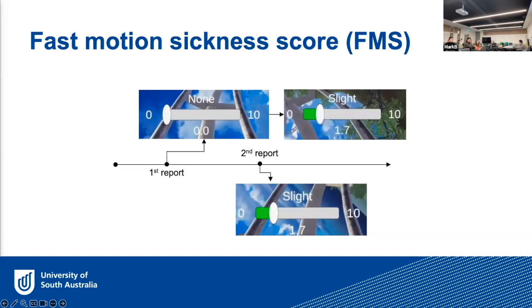So what they need to do is just figure out if their sickness level is the same as the previous one, or worse or better than the previous one. This is aimed to help the participants quickly and intuitively figure out their body state.